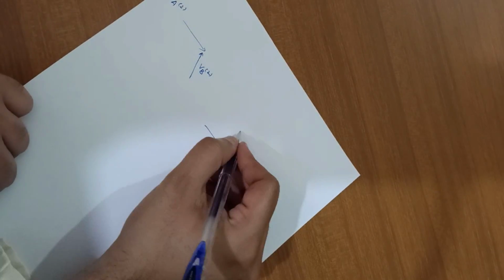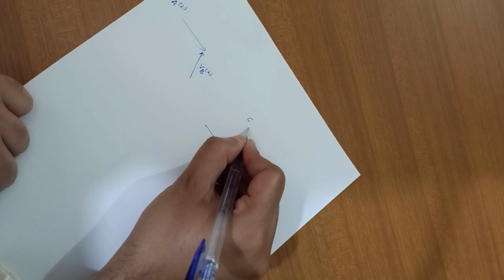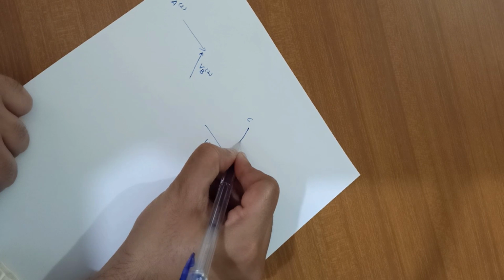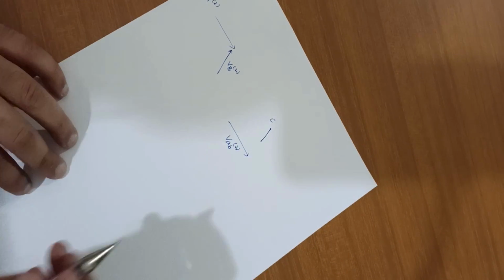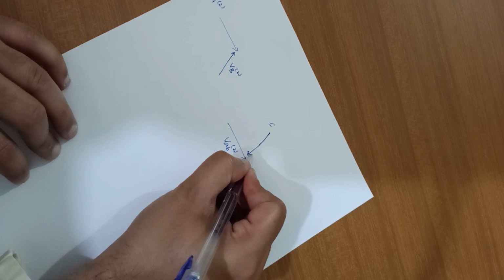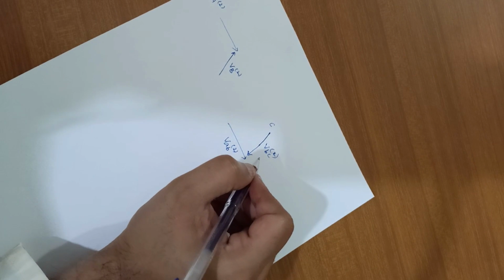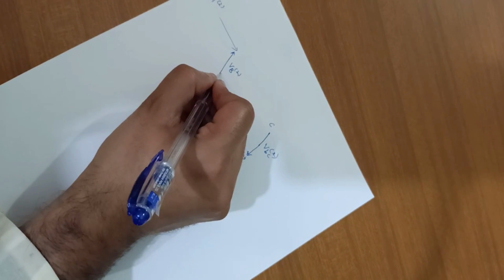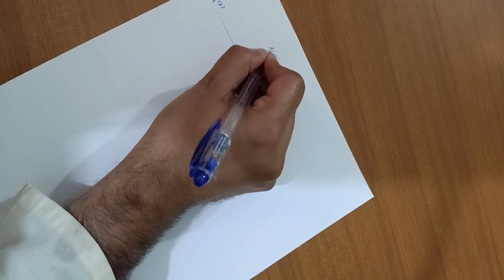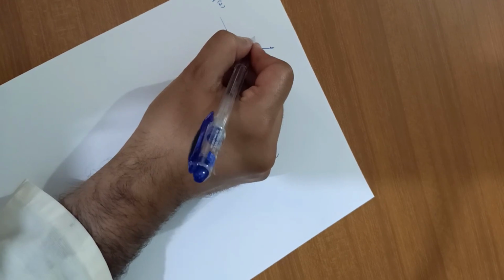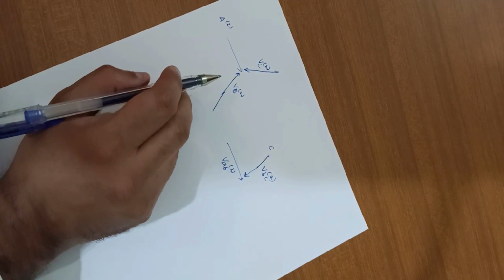Here it is C, and this will become VBC2. Now the third tip will be of C2, so we have considered this as VC2.